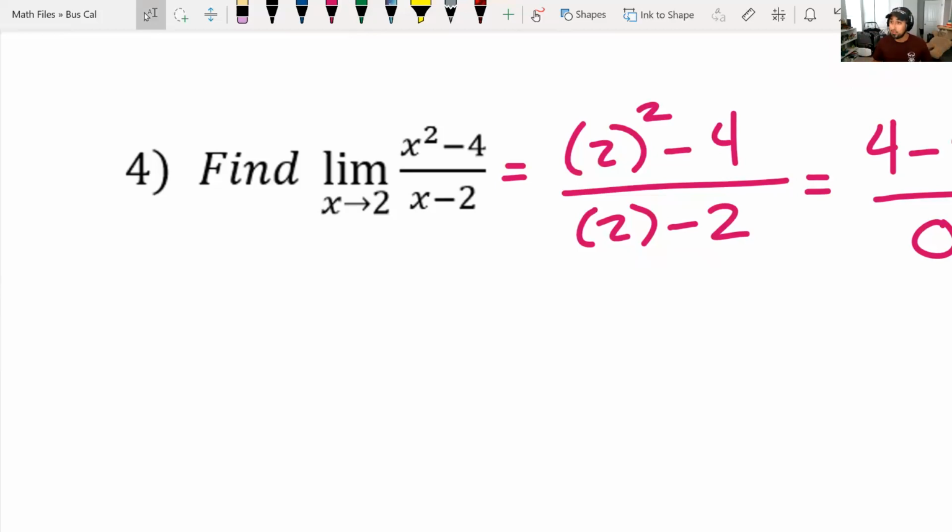Well, again, calculus is highly algebra-based, so you have to look at this in an algebraic way. Look at the numerator, x squared minus 4. This polynomial is known as a difference of squares, right?